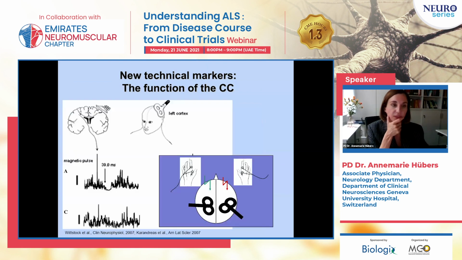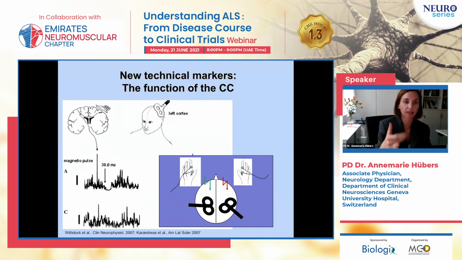And with a double pulse transcranial magnetic stimulation protocol, you can also study the cortico-cortical connectivity, or the integrity of the neurons connecting both motor cortices.